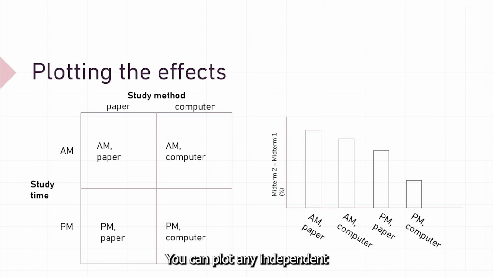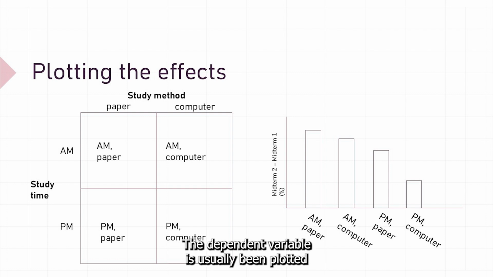You can plot any independent variable on the x-axis, whatever suits your results and hypothesis better. The dependent variable is usually plotted on the y-axis. Here you can see how the data of our hypothetical experiment can be presented.